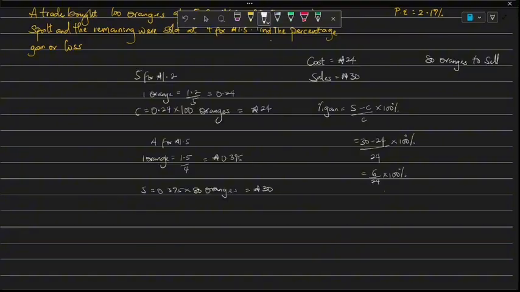Press your calculator, 6 divided by 24 is 0.25, times 100 is equal to 25% profit. It's not that hard. Percentages should not really be much of a problem because it's usually straightforward.